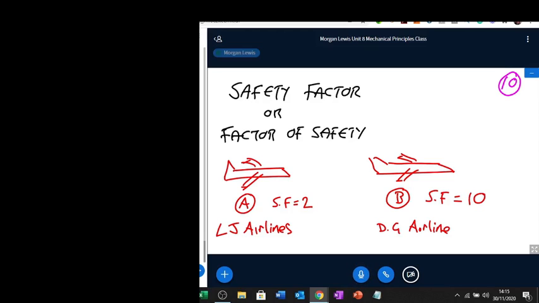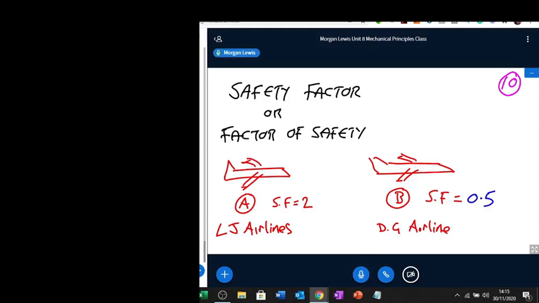Now, what would happen if for some reason Daniel Greenshields, when he was designing this plane, went out in Cardigan and he made a couple of mistakes and he forgot to do something, so now his safety factor is 0.5.